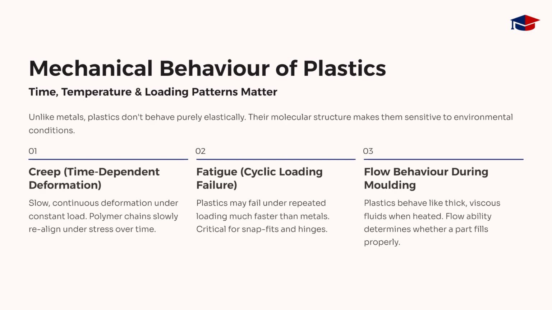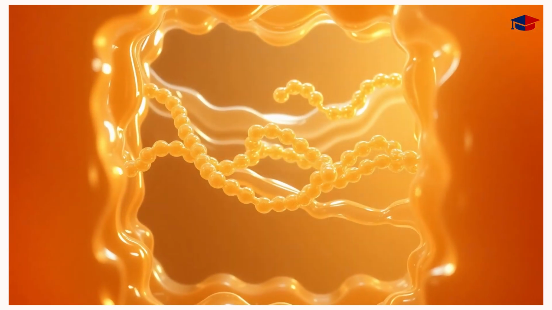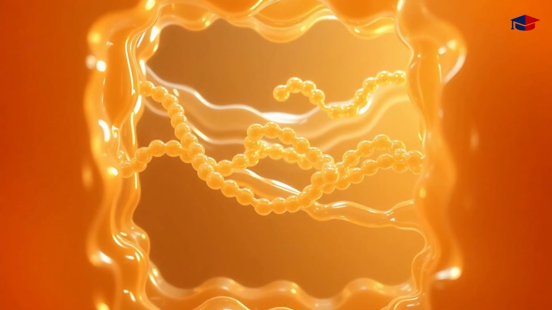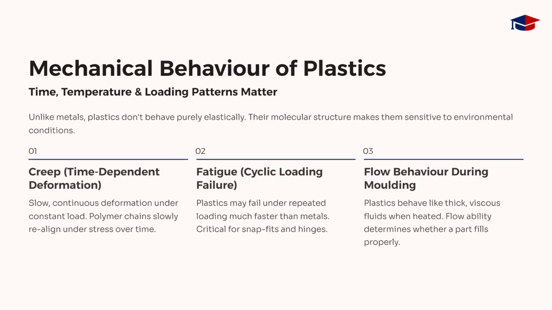Amorphous plastics generally flow more uniformly, while semi-crystalline plastics can show complex flow patterns that lead to weld lines, sink marks, and anisotropic strength. This flow-induced orientation means that plastic parts are often stronger in one direction than another, which must be considered during design. All of these behaviors, creep, fatigue, and flow, are direct consequences of polymer structure.